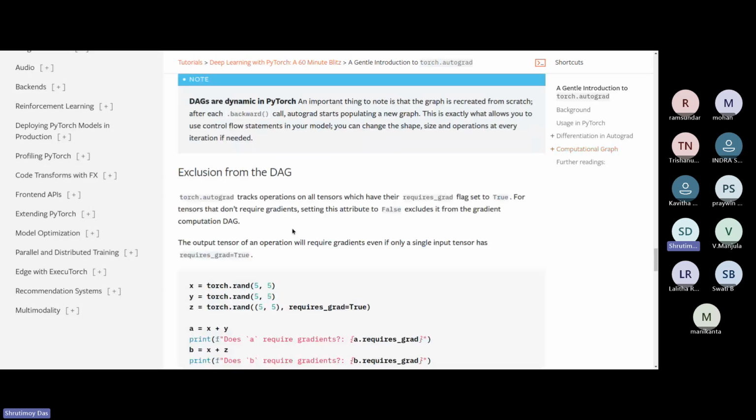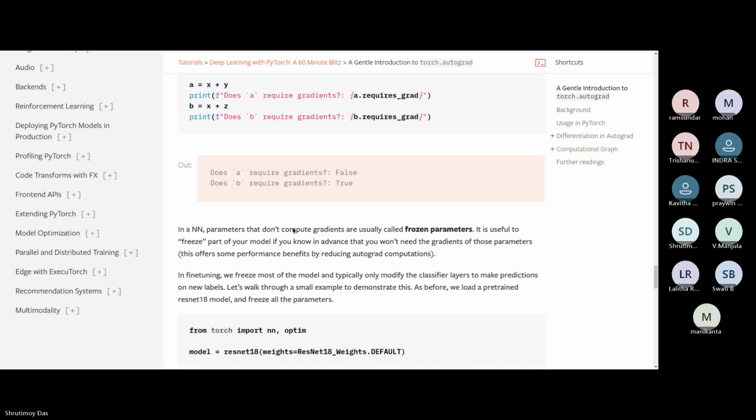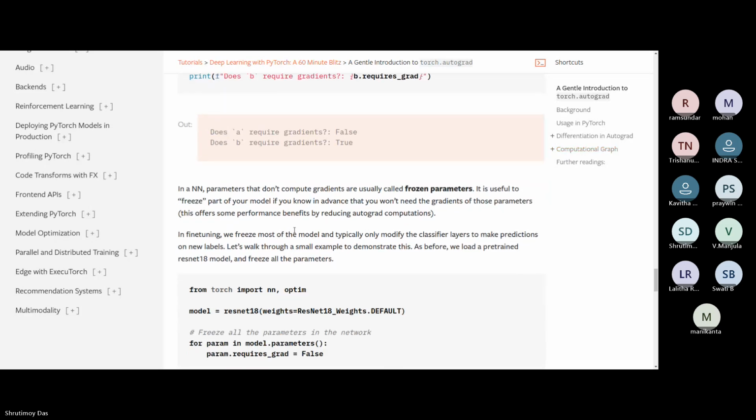They have all of this written here. So I hope that is somewhat clear. You can go to the PyTorch website and start reading through this. It may seem daunting, but if you work on it, I think it should be fine.